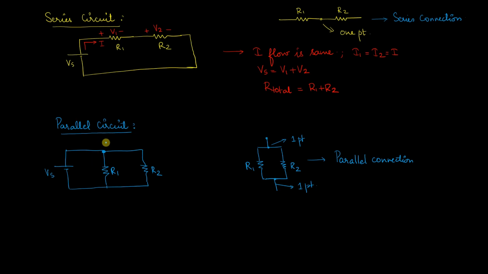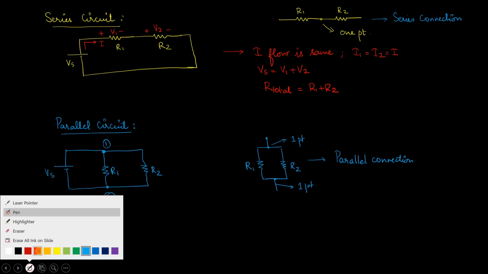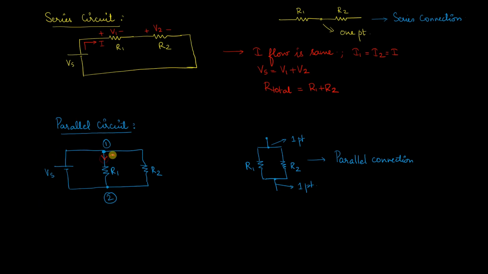So say I consider this is node 1 and this is node 2. The resistances R1 and R2 are connected at both the ends. So say I mark the current across R1 as I1 and other current as I2. The source current is I. The current is actually getting divided between the two resistors R1 and R2. So the currents in the parallel circuit will be different, whereas the voltages are going to be the same.